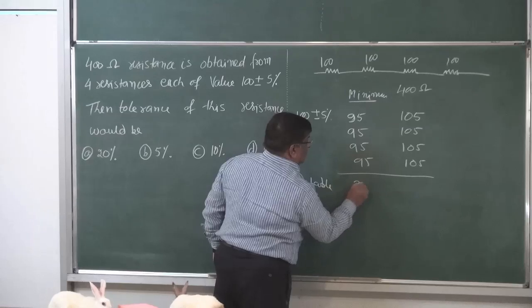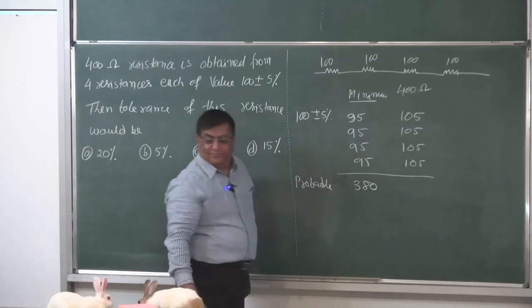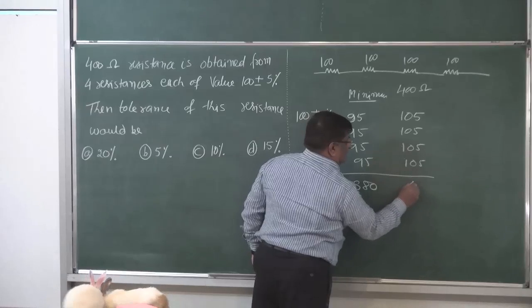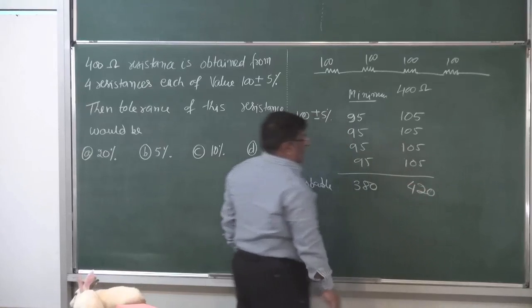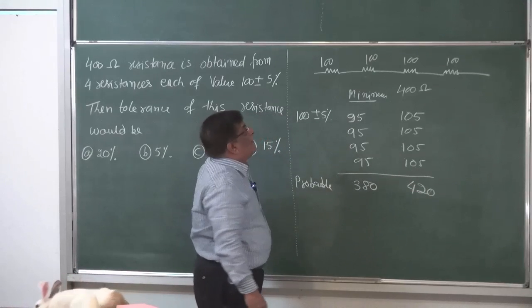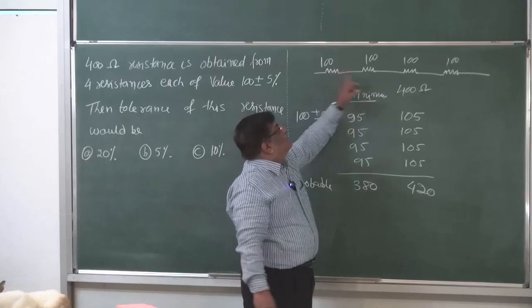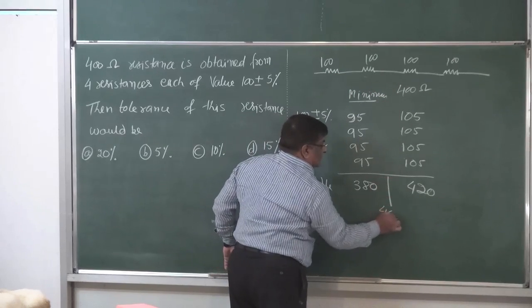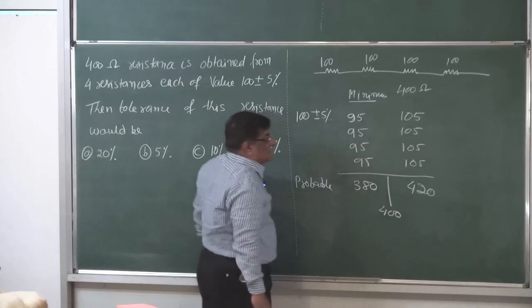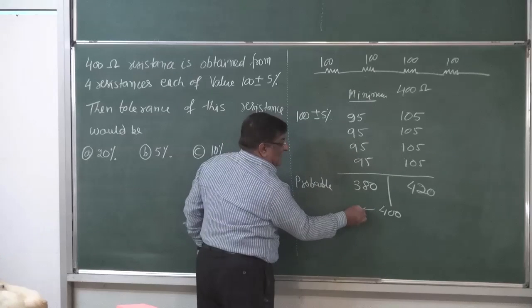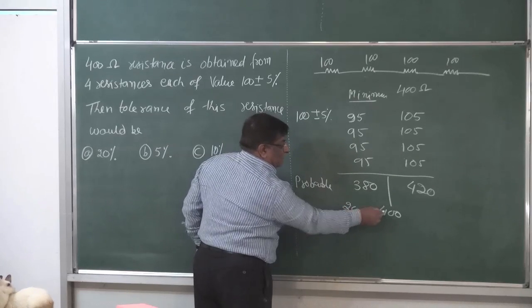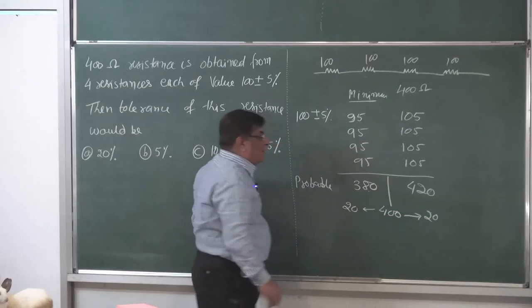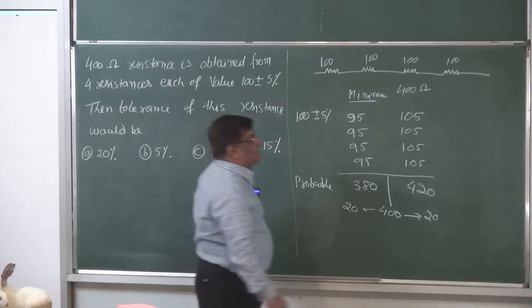This is 380. What is the probable maximum value? 420. What is the mean value? 4 in series, mean value is 400. How much is the tolerance? It can decrease by 20. It can increase by 20. So how much is the tolerance?